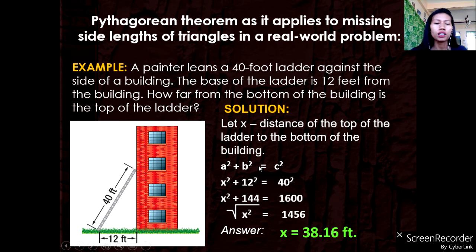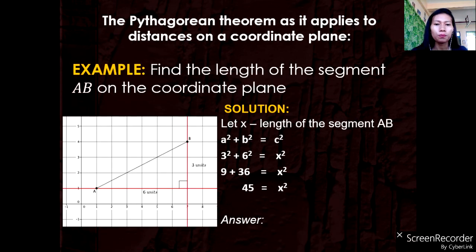So, saan ulit kung saan pa pwedeng gamitin ang Pythagorean theorem. Okay, so the Pythagorean theorem as it applies to distance on a coordinate plane. So, find the length of the segment AB on the coordinate plane. So, we have here the solution. So, let x be the length of the segment AB.